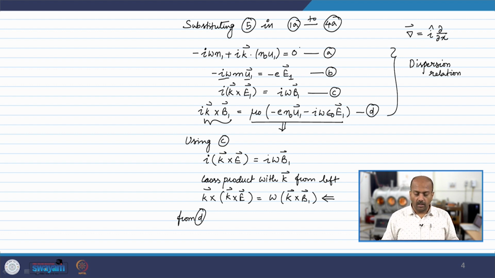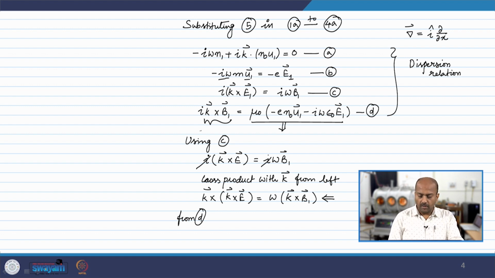In order to do that, I started with equation number C and took a curl of that equation with k from the left. So, k cross E becomes omega times, I is already cancelled, omega times k cross B1. Right.